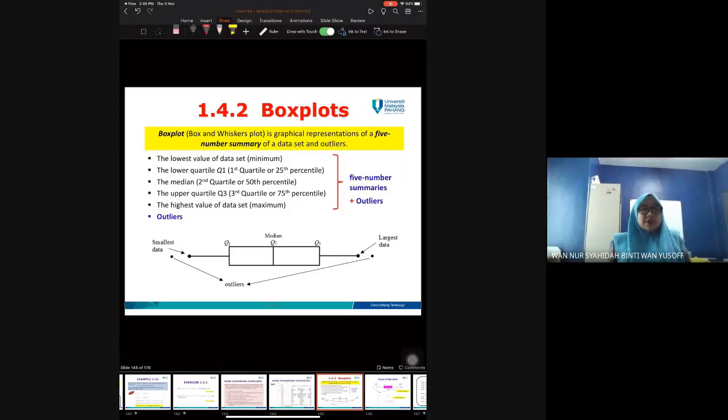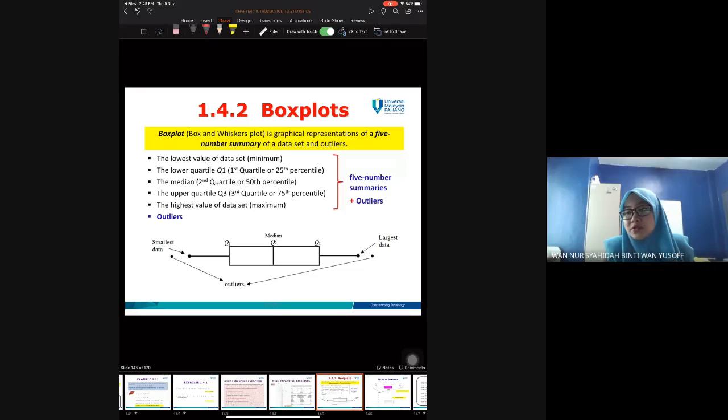So the box plot is about the 5 number summary. Those 5 number summaries are the minimum value of your data set, the Q1, the first quartile, and then the median or the second quartile. You can use the formula of the median, or you can use the formula of the Q2. Similar, it is about 50% of your data, half of your data.